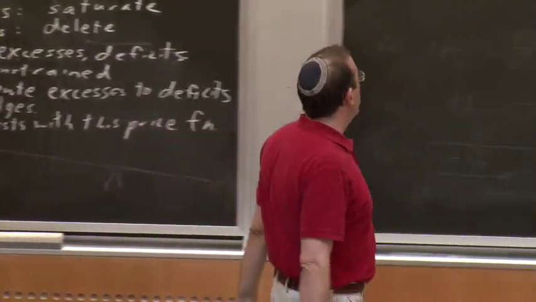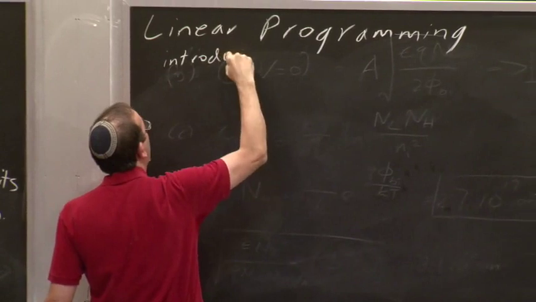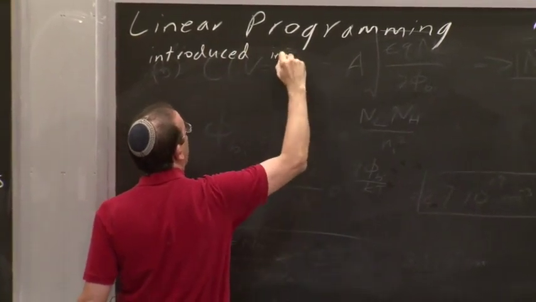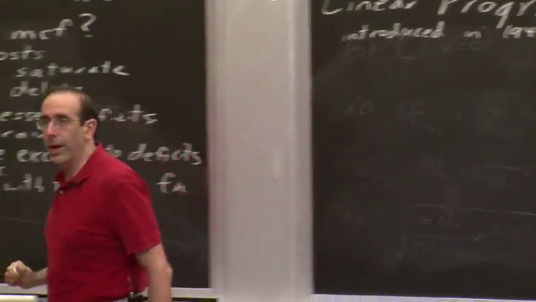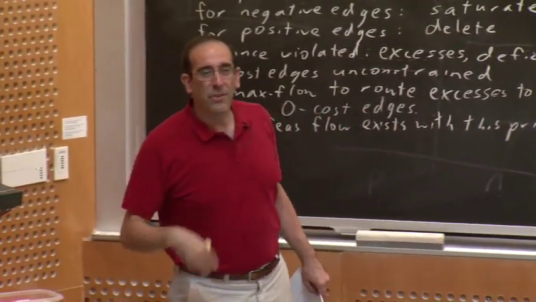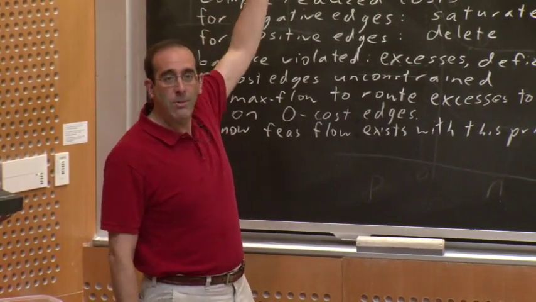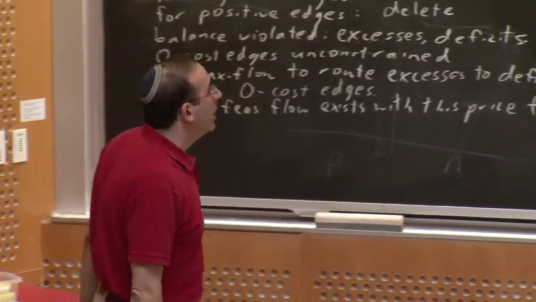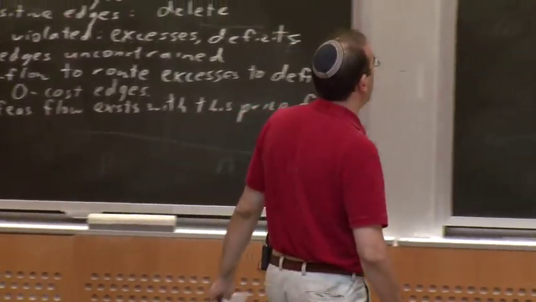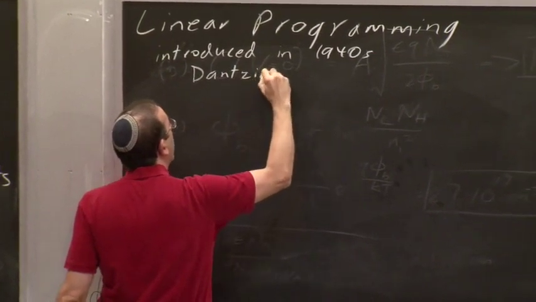All right, so linear programming was introduced actually before a lot of the problems that we were looking at. So people sort of started with the more general problem, and the flowering of max flow came 2 decades later or a decade and a half later in the 50s and 60s. Probably the most famous name to start with is Danzig.